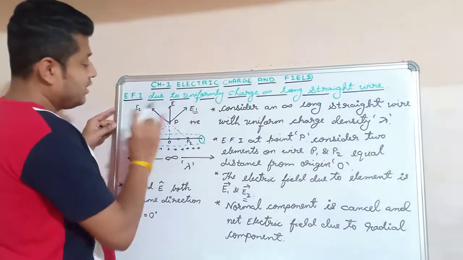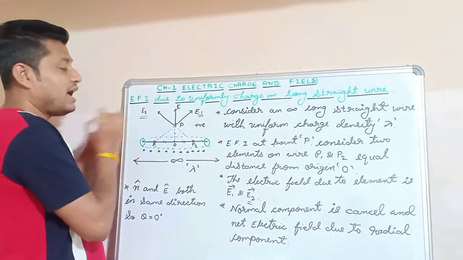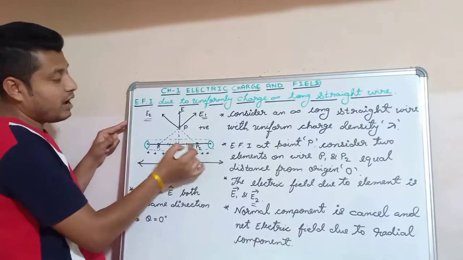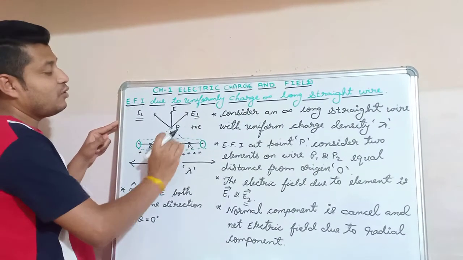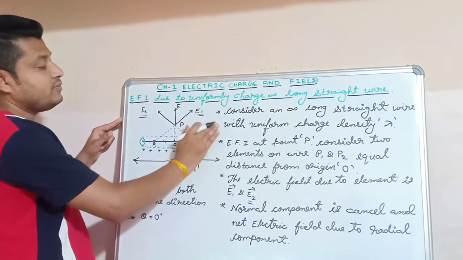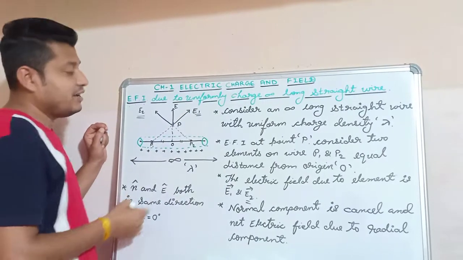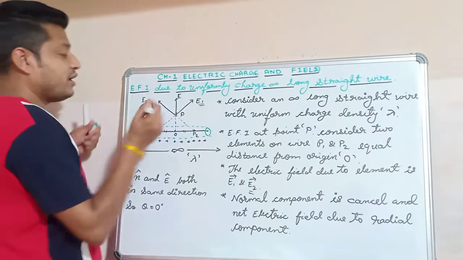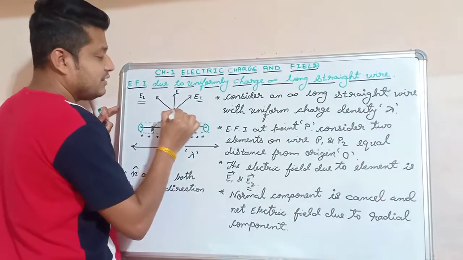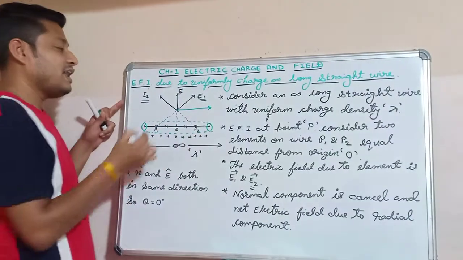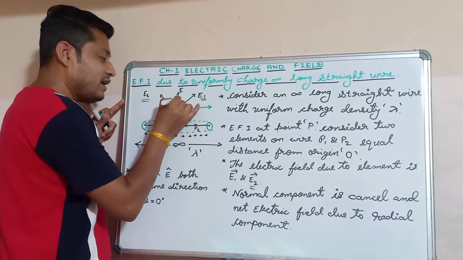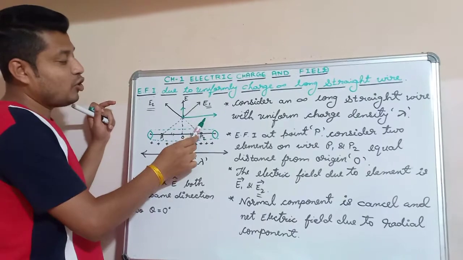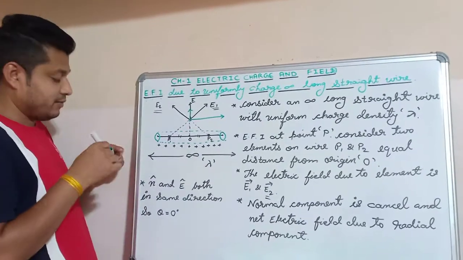Now you have observed both electric fields, E1 and E2. Consider that electric field E1 has one component in this direction and another component in this direction.